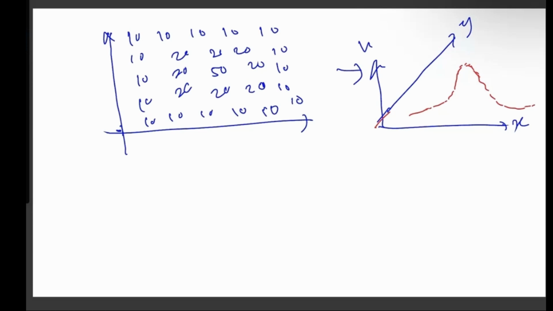This one is 50 at the center, for example 50 meters, and the surrounding is 20. Okay, draw in 3D, with the x axis and y axis. 20, 20, 20, 20, and this one is 10, 10, 10, 10, 10. This is also a scalar.